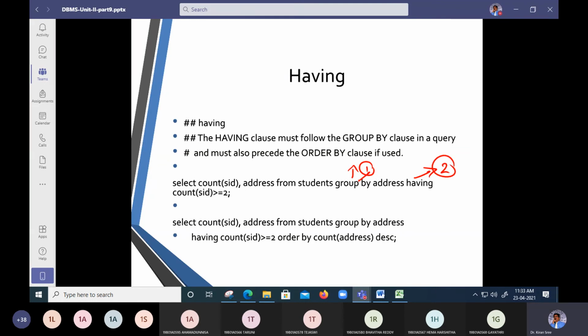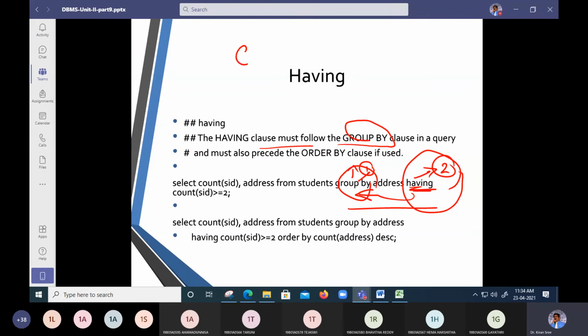We didn't use order by right now. We have used only the two conditions. So before having, what is the compulsory condition? Before having, I should have a group by. So the having clause must follow the group by clause. First we should use group by, then only we should use having.